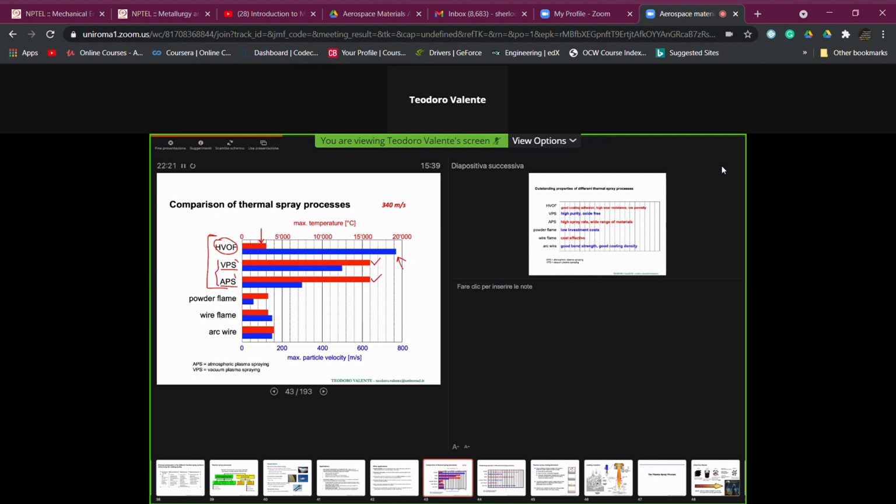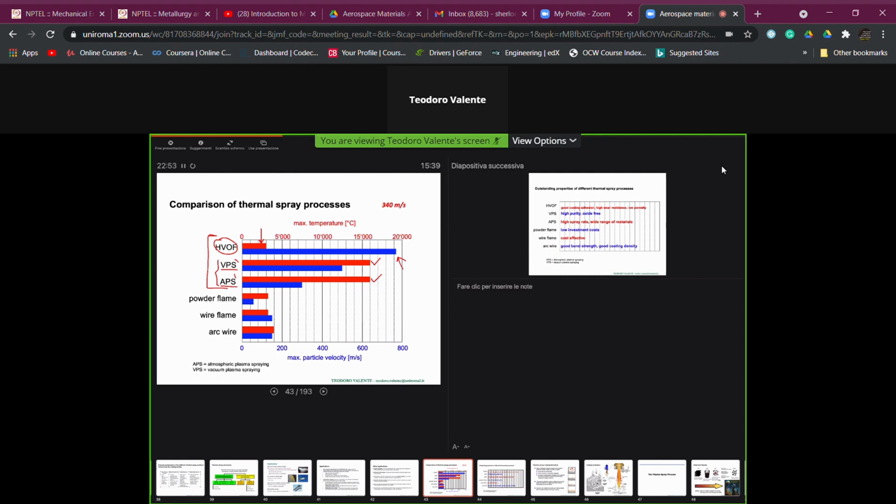This is the reason why, when we discussed thermal barrier coatings, we said that to select the most suitable technology to fabricate the ceramic zirconia-based top coat, we use plasma. The reason is the temperature.